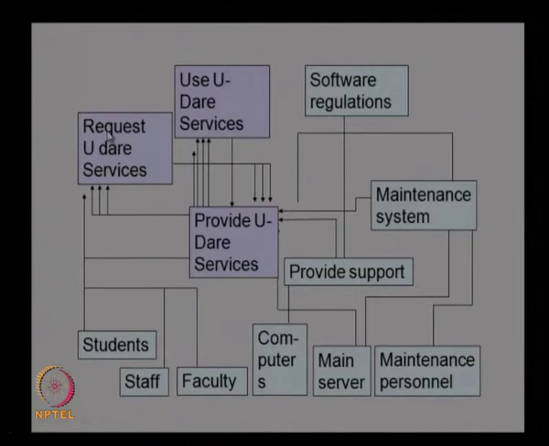The input will be the request for UDAIR services, and the output will be UDAIR services coming from the system. So, this is the main system and these are the external systems, and this shows the inputs and outputs. Of course, there are various inputs and various outputs coming from the system.